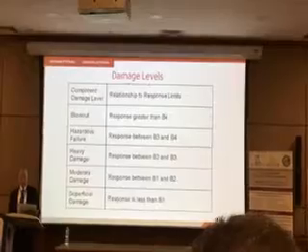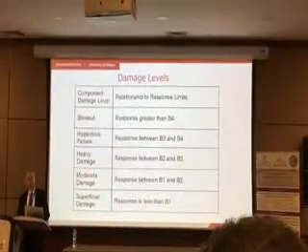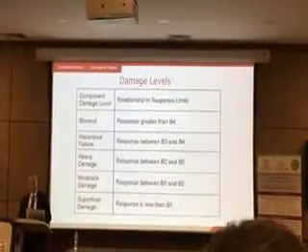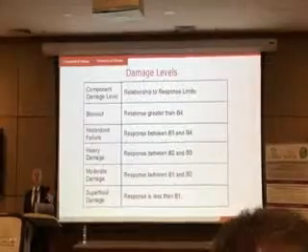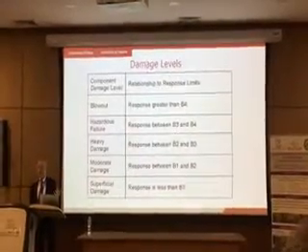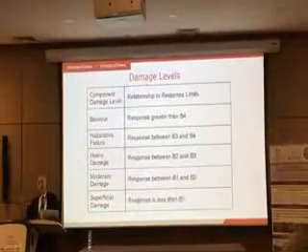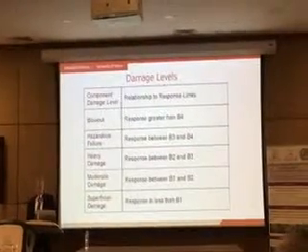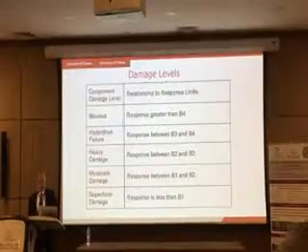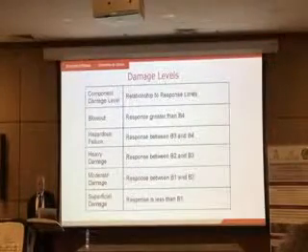Okay, so once you have different levels of protection and you then find the damage levels, you correlate that with demands, as I will explain to you. But these are different levels of damage.